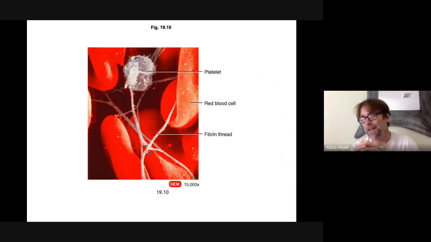So those threads make a net, and that net catches red blood cells, white blood cells, platelets, whatever. It catches all that stuff and makes a big ball, a big mass, an embolus, right? It makes a big embolus that is going to clot your blood. You want to slow all your blood down, right? But when you do that, it's a serious matter.